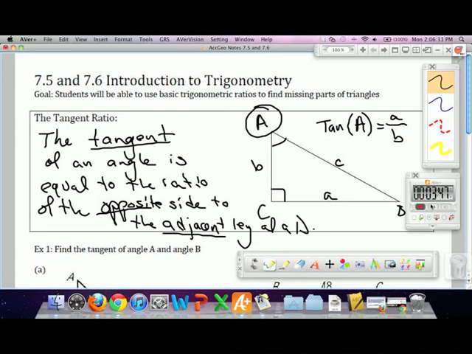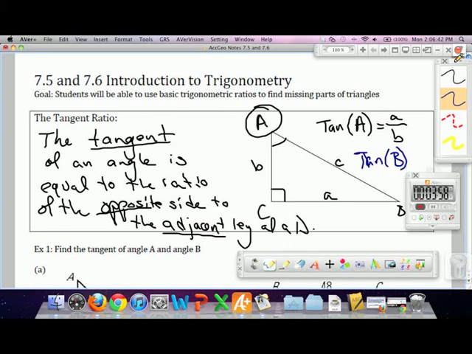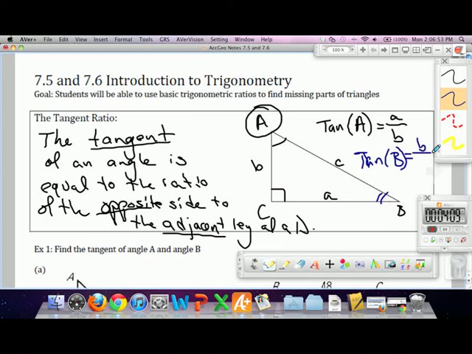Okay. How about what would the tangent of angle B be? Opposite side over adjacent leg.